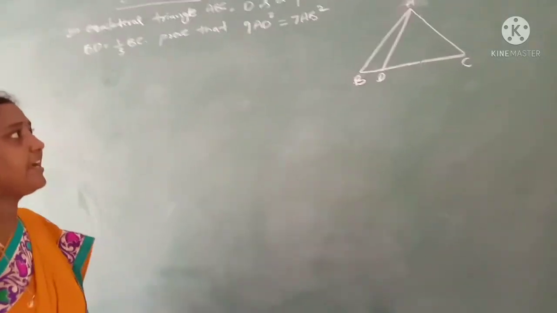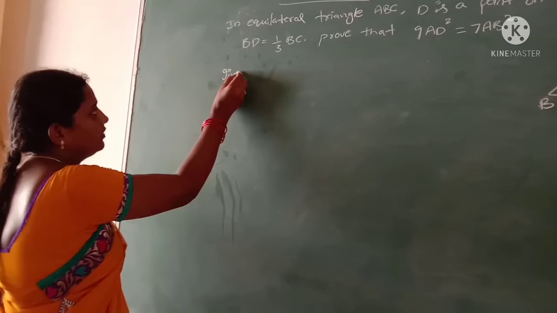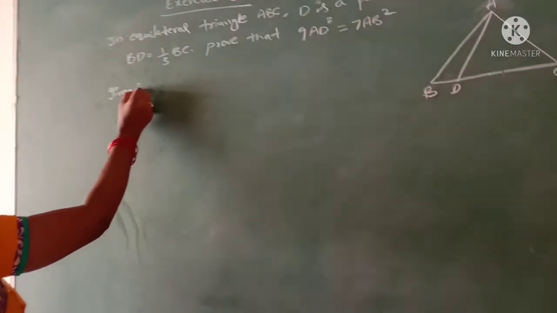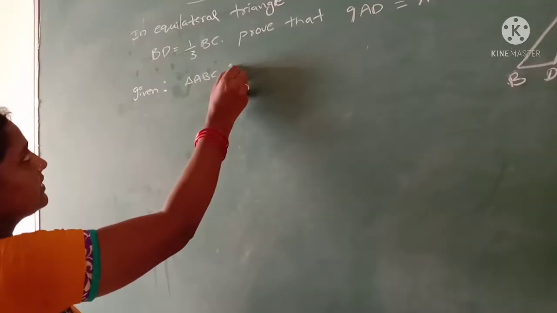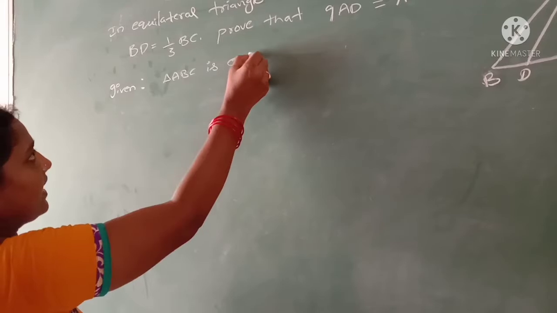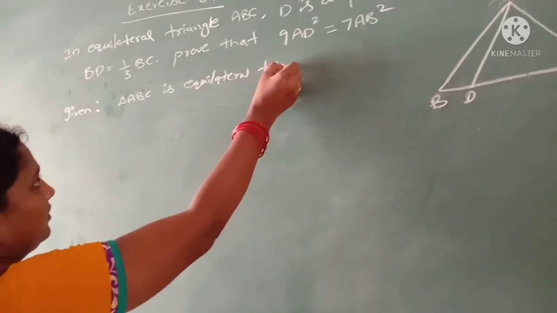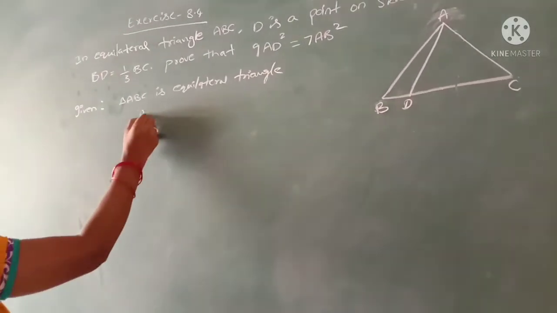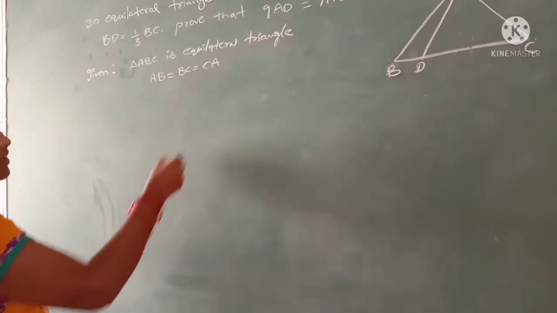So first write the given values. What is given? Triangle ABC is an equilateral triangle. Equilateral triangle means AB equals BC equals CA.